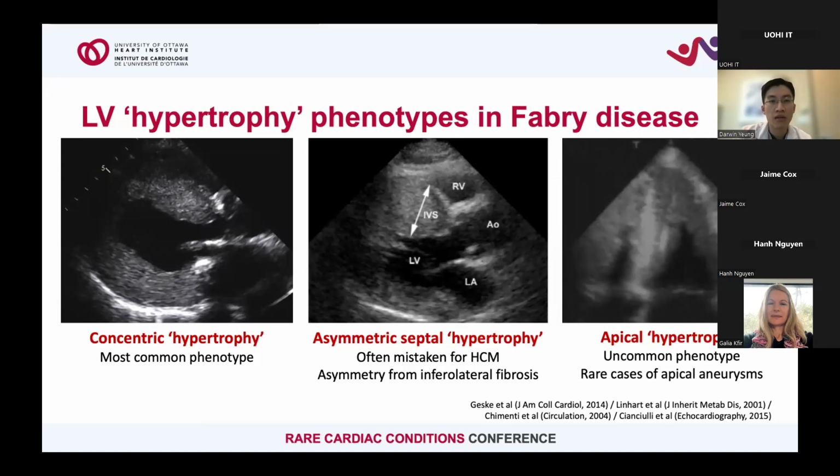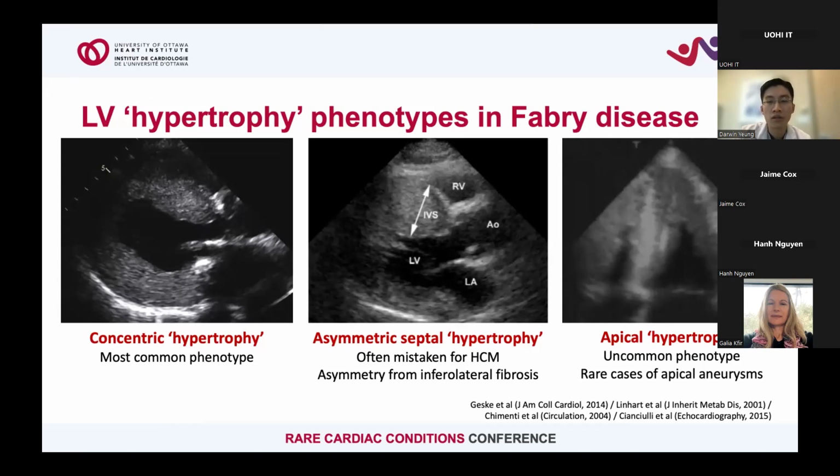The concentric pattern is the most common phenotype, where there's symmetric increased wall thickness in both the septal and posterior walls. But we can see the typical asymmetric septal hypertrophy phenotype that we see often in HCM, and we often mistake the diagnosis for HCM.